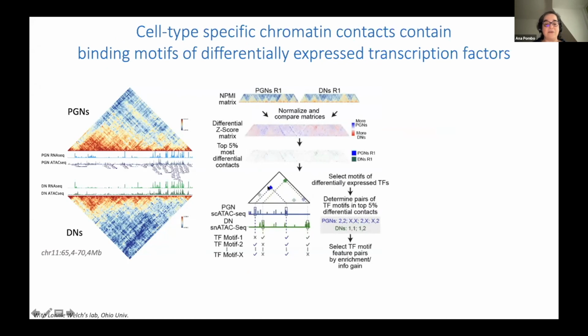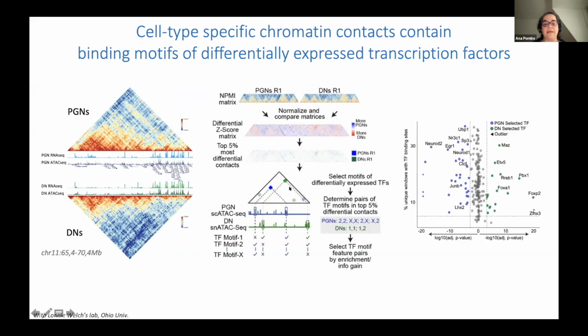We then combined these most differential contacts with the tag-sec peaks that we obtained. This was work of Luna Zé Redondo, not only collecting data, but also analyzing extensively the single cell data.